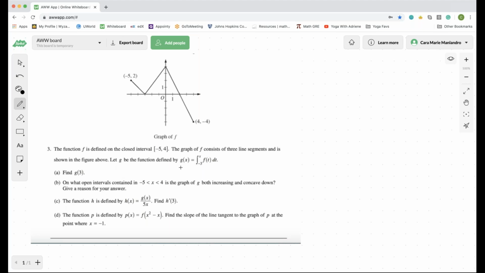We want g defined as the integral from -3 to x of this function, and we are asked to find g of 3. For part A, g of 3 is equal to the integral from -3 to 3 of f of t dt.